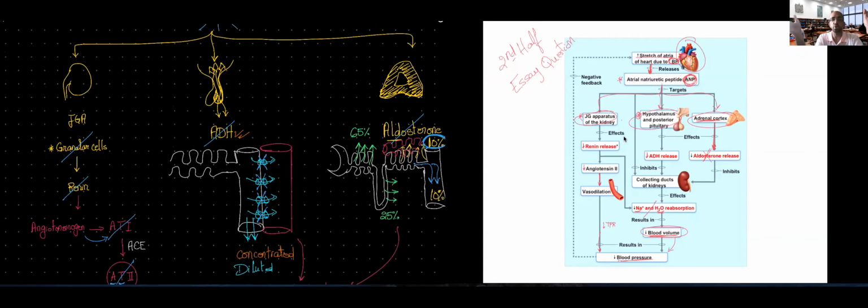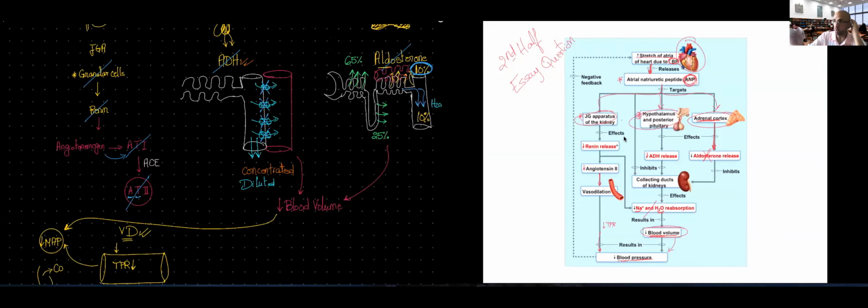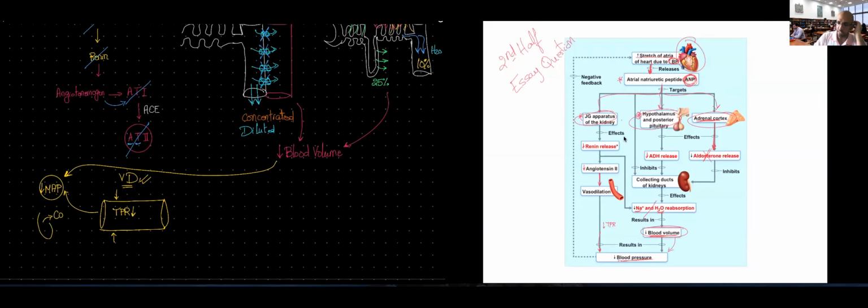I inhibit all the three, inhibiting renin, inhibiting ADH, and inhibiting the release of aldosterone. The inhibition of all the three gonna result in a decrease in my blood pressure.